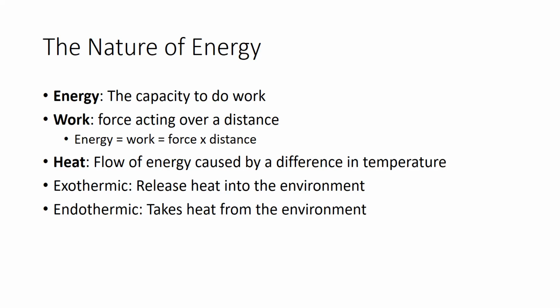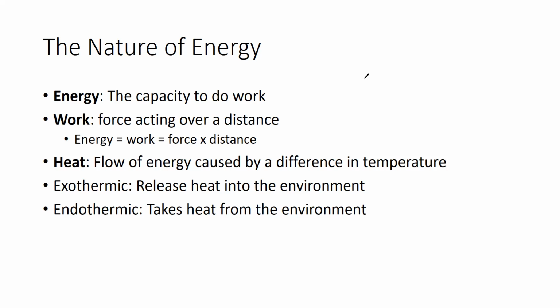Another type of energy that we'll often talk about in this class is heat. Heat is simply the flow of energy caused by a difference in temperatures. Which direction does energy go? We have 2 different terms: exothermic and endothermic, right?